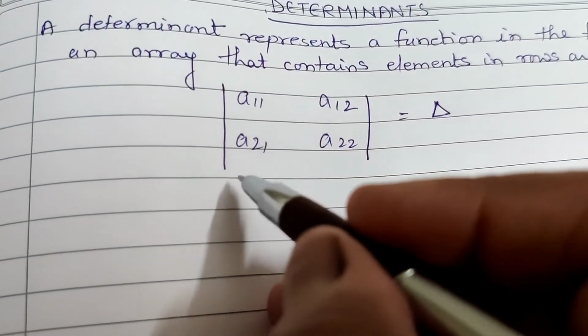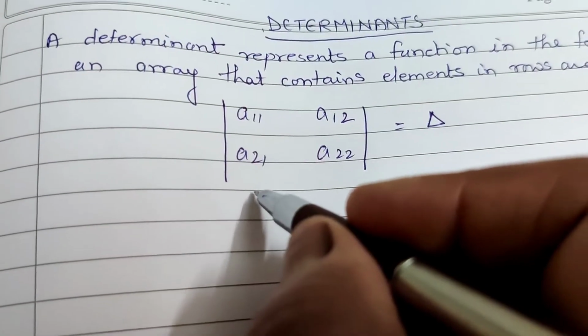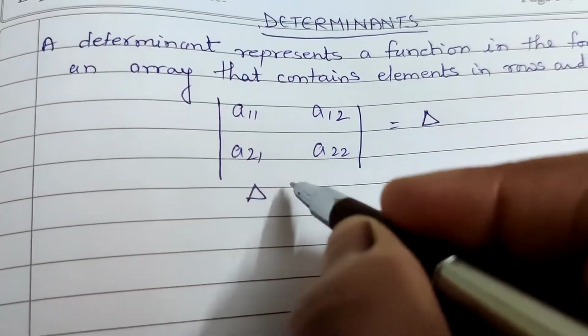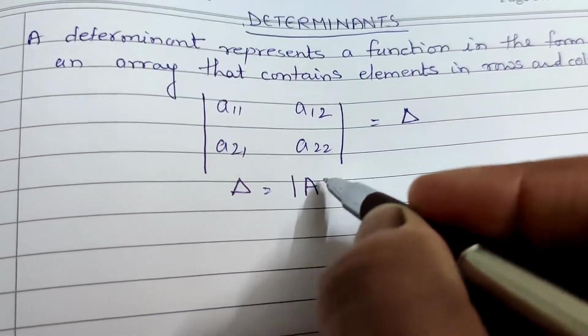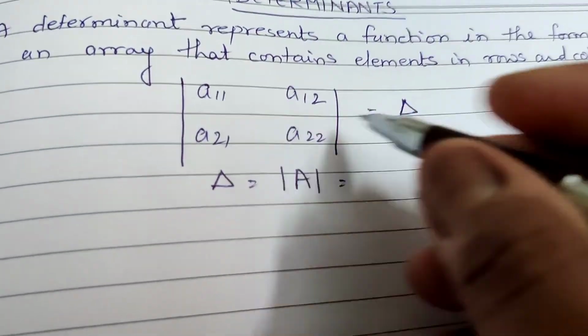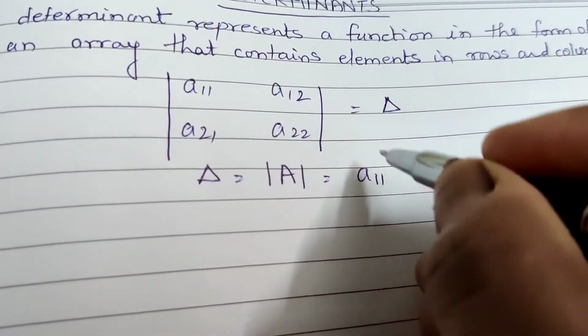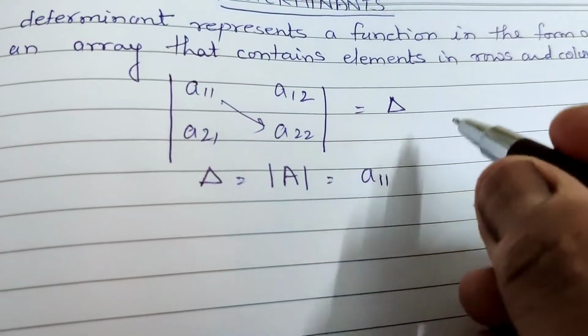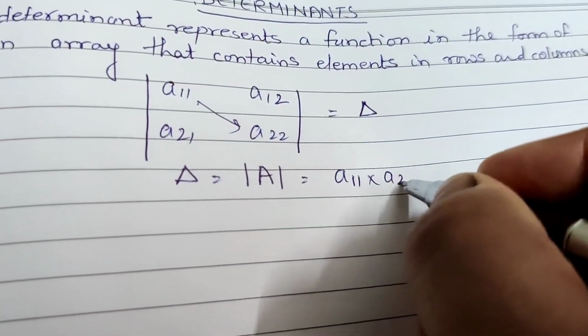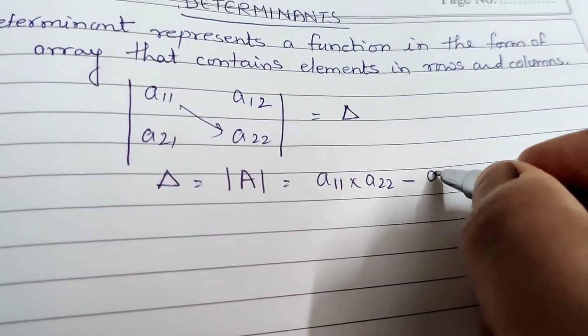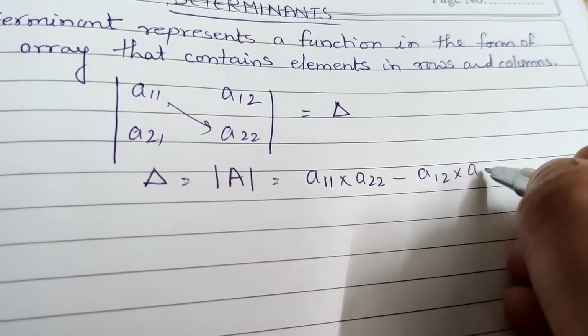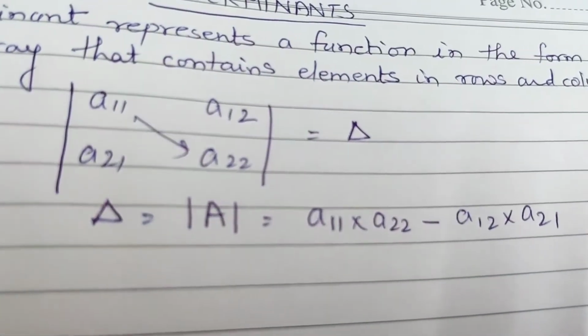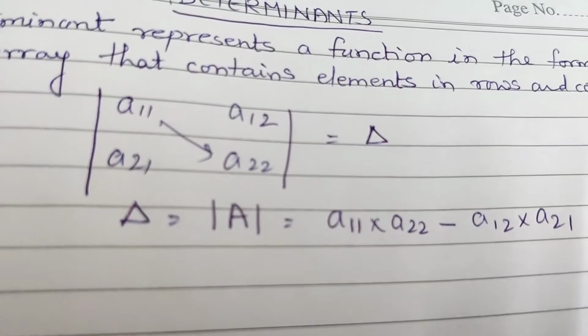So now the answer of del A is equal to this. We can write it as A11 into A22 minus A12 into A21, the value of the second order determinant.